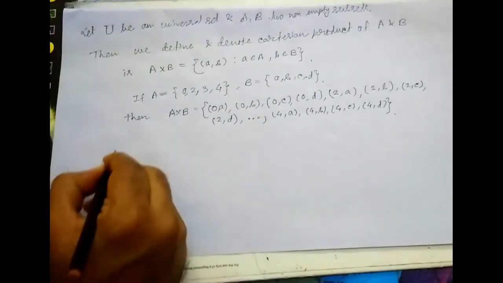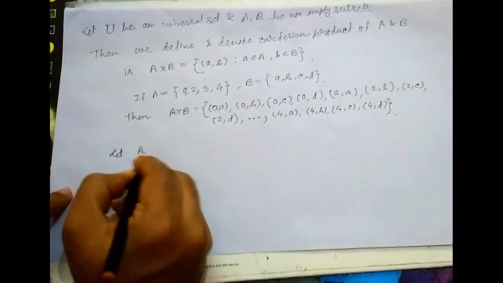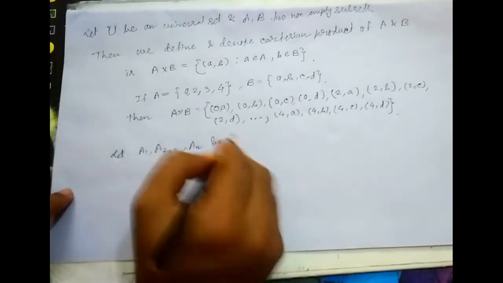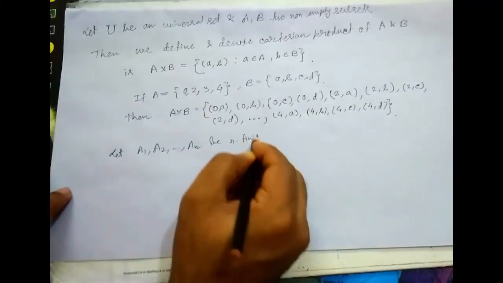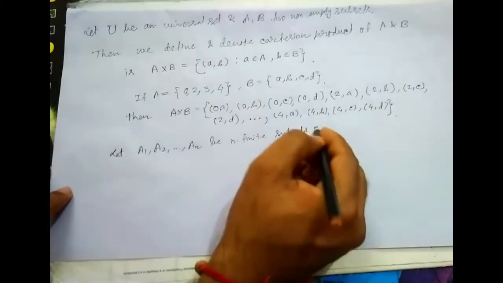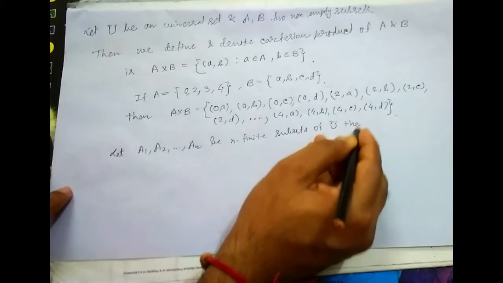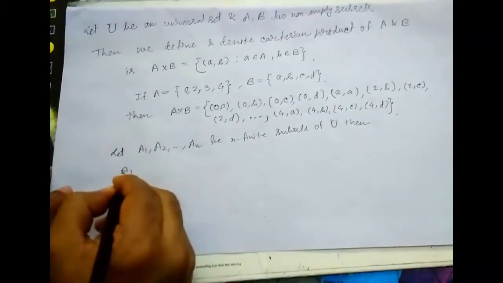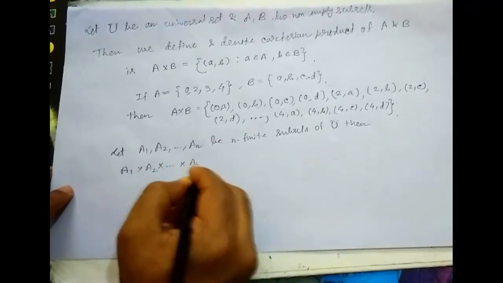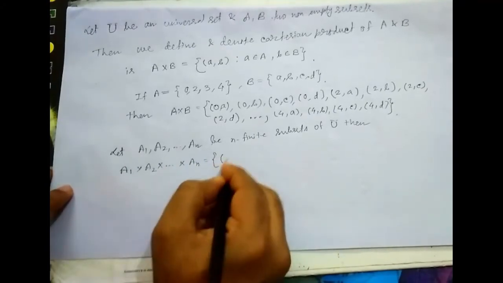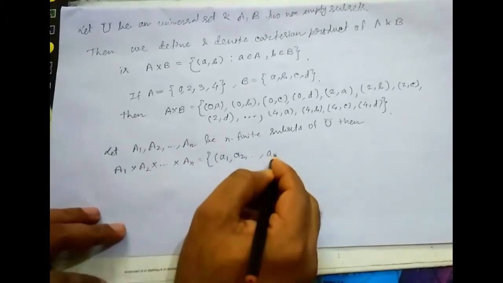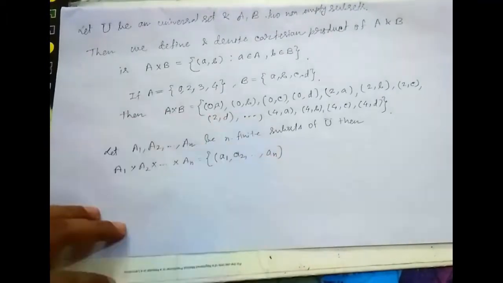Okay, let a1, a2, dot dot dot, an be n finite subsets of U, then Cartesian product a1 cross a2 cross dot dot dot cross an is defined by (a1, a2, dot dot dot, an). Okay, this is called n tuples.